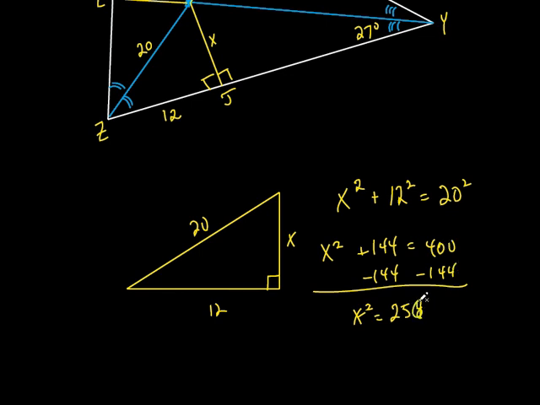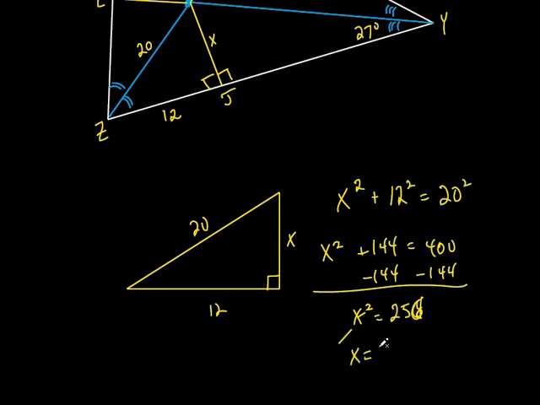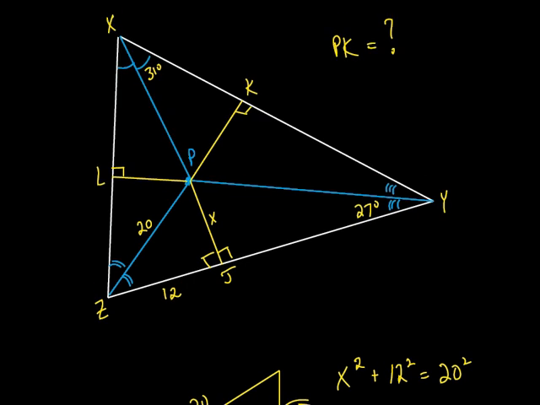Yeah, I can't do my math. What did I say, 4? Thank you. It's 256. Okay, so it's the square root of 256. There we go, and it's 16. Works out perfect. So x is 16, and that's what this is right there. It's 16. And that's what they ask you to solve for. Okay, so PJ would be 16, so what's PK then? That would be 16 as well, wouldn't it?